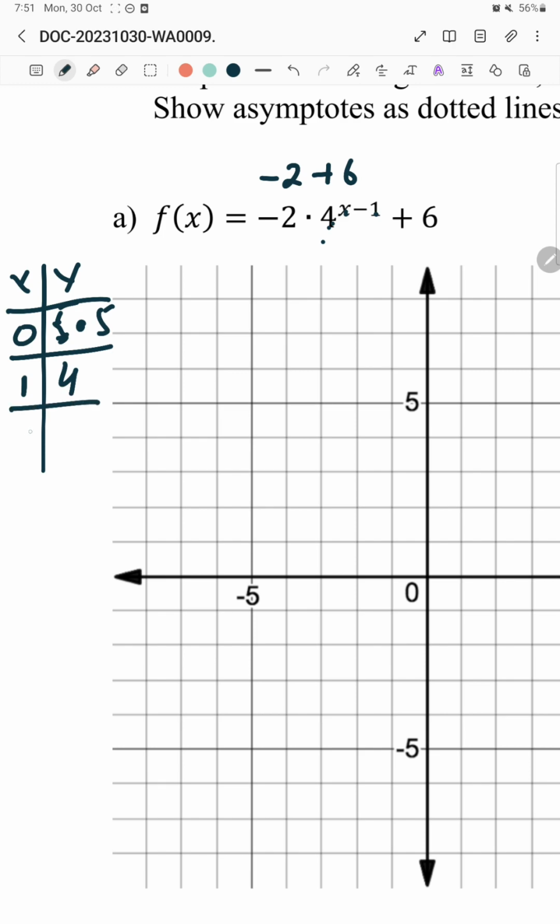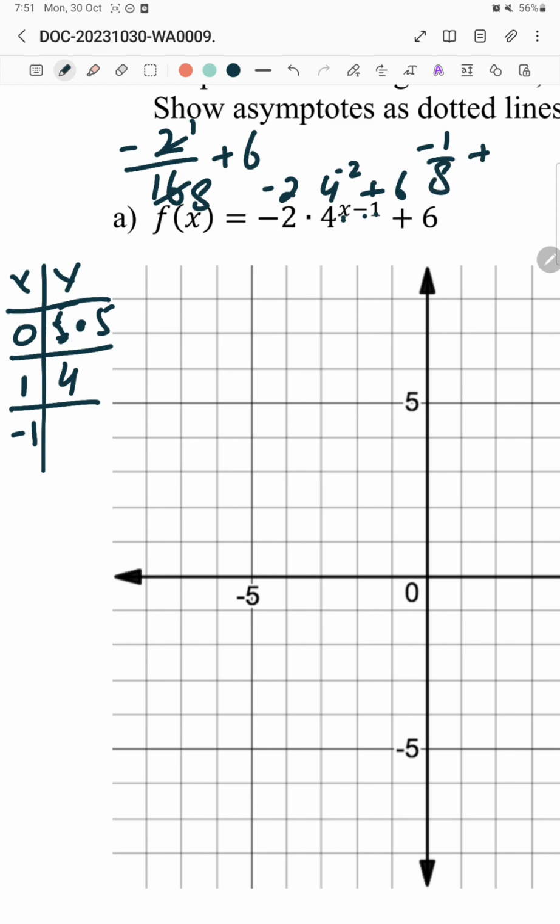X is -1. -1 minus 1 is -2, so -2 over 4 square is 16, plus 6 is 57 by 8, which is about 5.8.